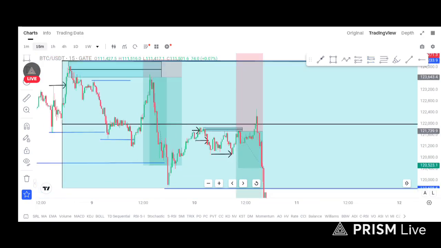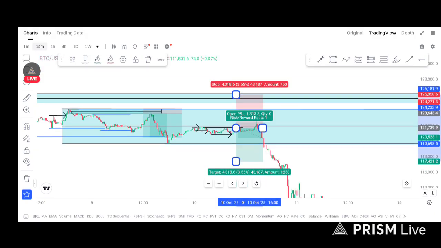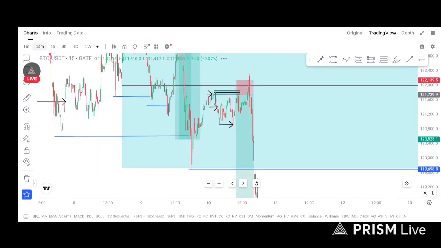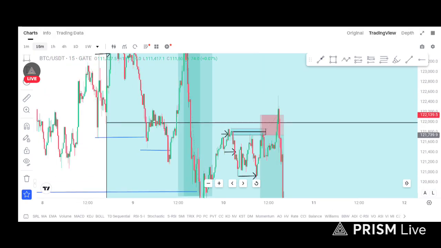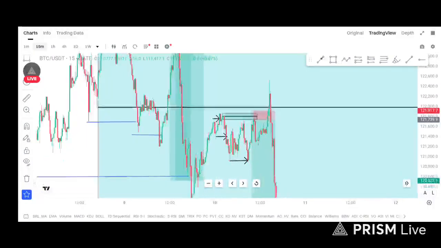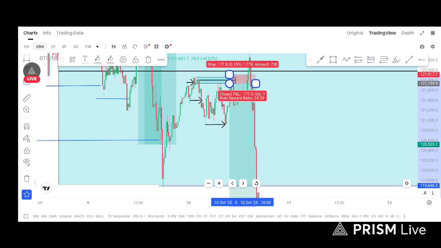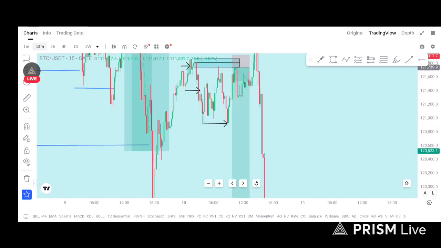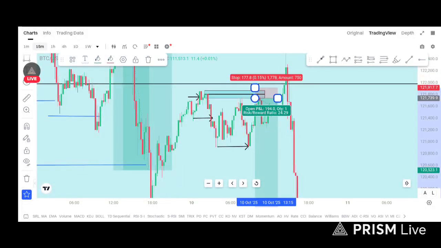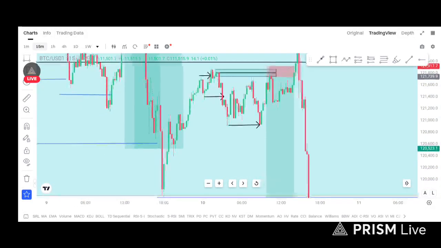and look at what happened. What's going on here? Look at what happened. I want to show you guys something. The market just gave you a reaction and then took out that high.